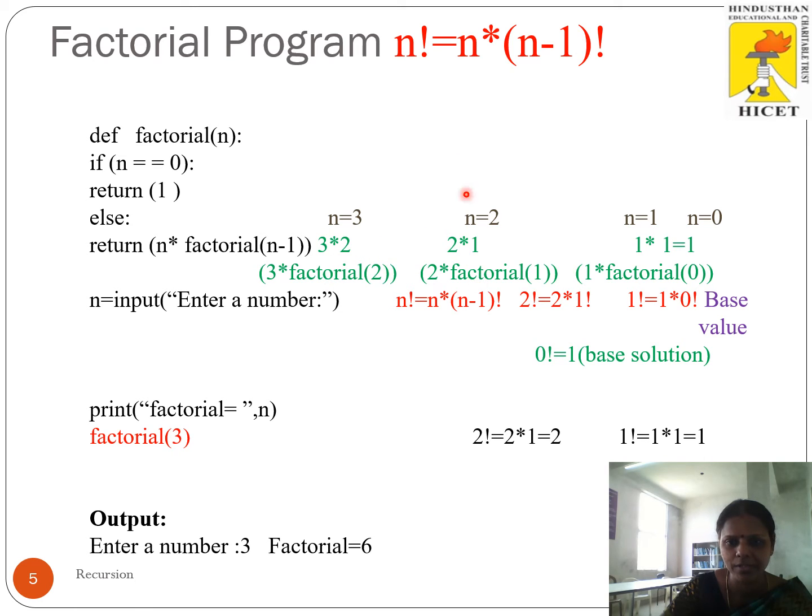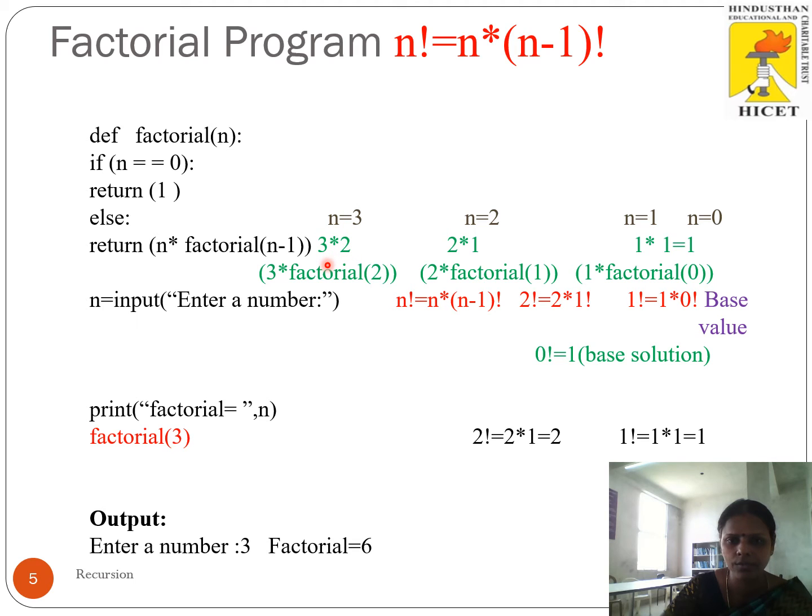The iteration repeats and continues until n is equal to 0. When n is equal to 0, it will substitute 0 factorial equal to 1 in this formula, and it will go back to the previous step and calculate the value for 1 factorial, then calculate the value for 2 factorial and substitute the values here.